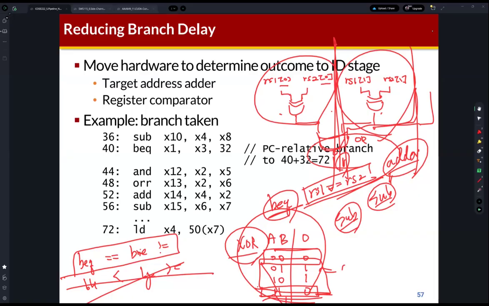The control hazard is caused by the time difference between when the PC is updated by the branch instruction and when this PC is used in the instruction fetch stage.